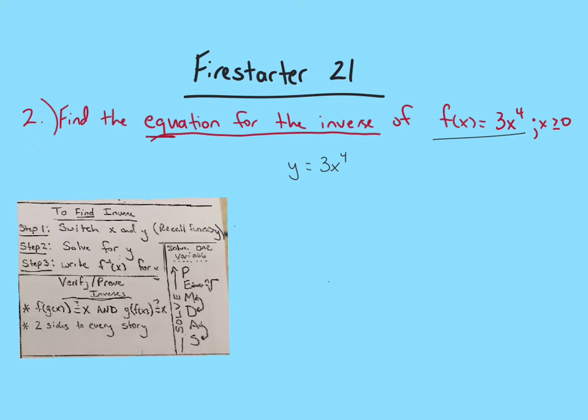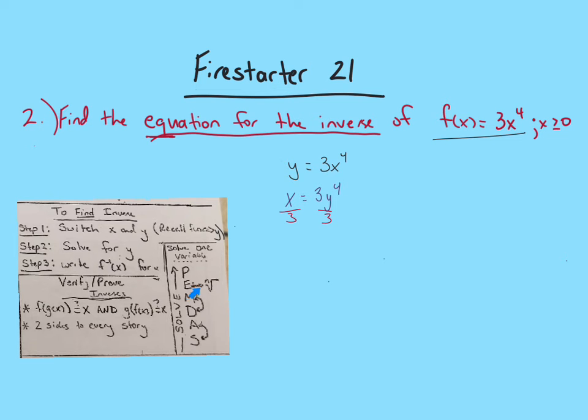So I'm going to switch x and y. Wherever I see an x, I put a y, and wherever I see a y, I put an x. So x equals 3y to the 4th. Now I want y by itself. So the first thing I have to do is get rid of the 3. So I'm going to divide by 3. Remember, you get rid of the multiplication before the exponent.